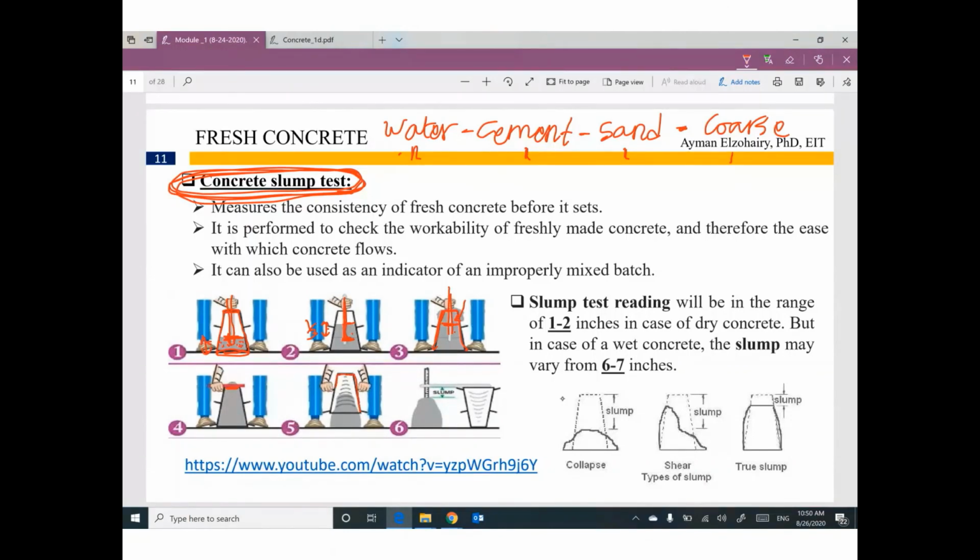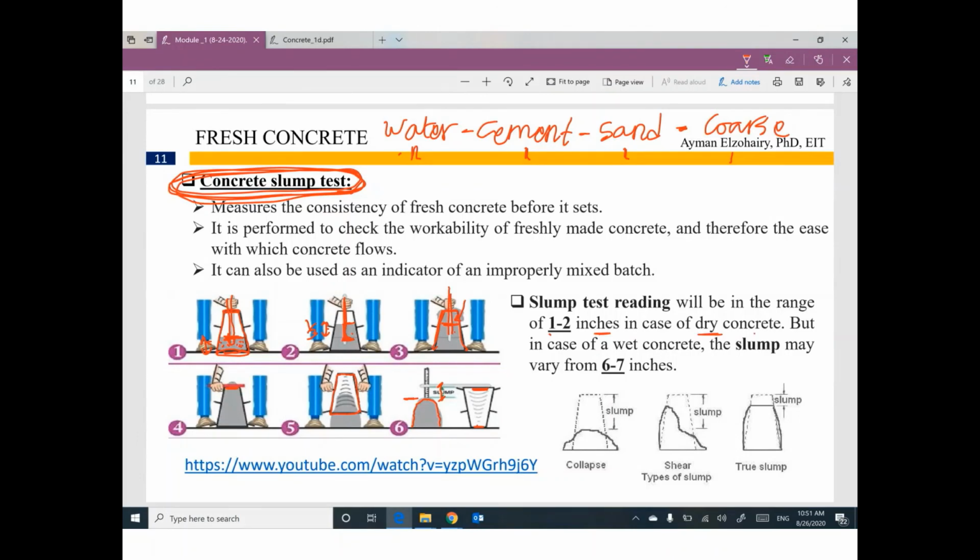If you remove the steel cone, what is the difference between the height of the original cone and the final shape of concrete? Based on this difference in height, you can judge whether this concrete is good or not. The common range is 1 to 2 inch. This concrete will be very dry concrete, and you need to add some water.